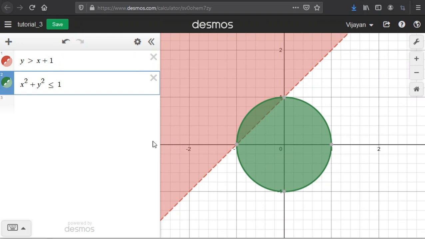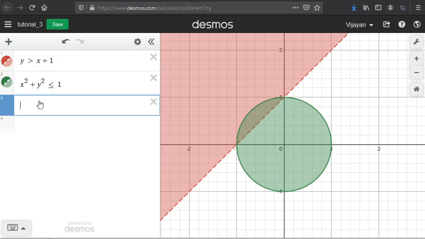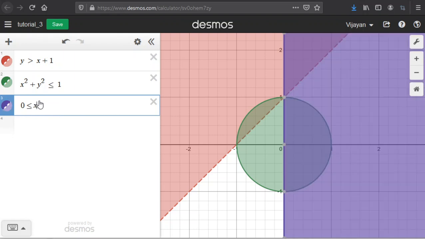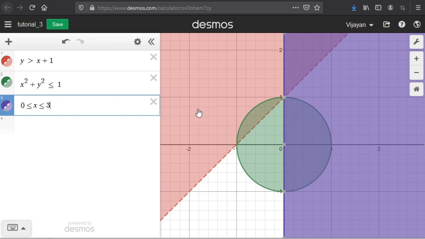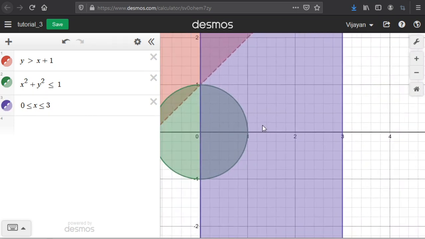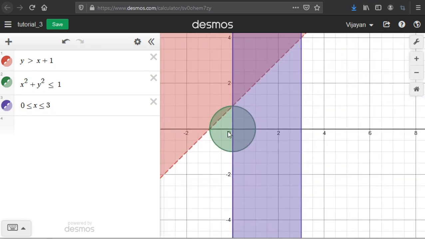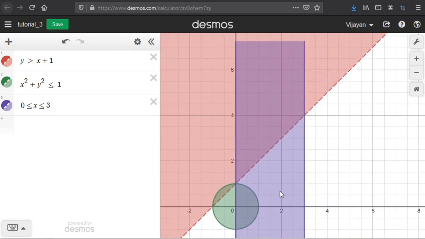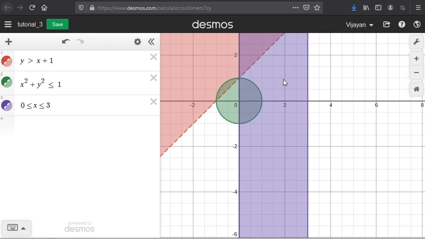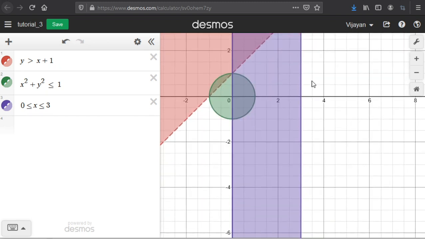Again, suppose I want to add that 0 is less than or equal to x is less than or equal to 3. So all those points between 0 and 3 on the x-axis are shown. So it is a vertical plane extending from minus y to plus y in the axis.